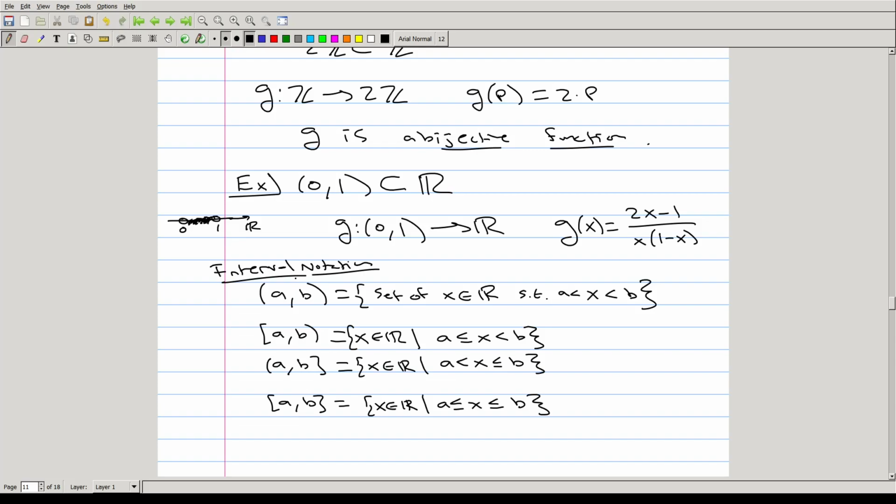So typically in a given construct, you'll be very specific to mention whether you're using ordered pairs or intervals of real numbers. But very often when you're reading, it's evident based on the context.